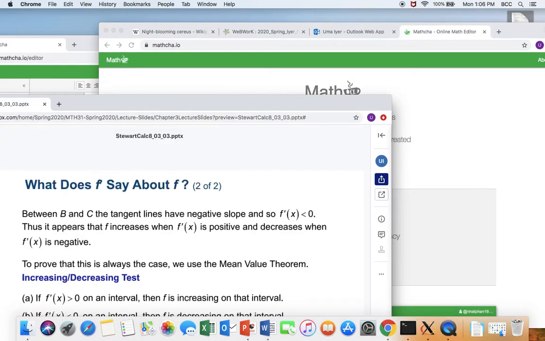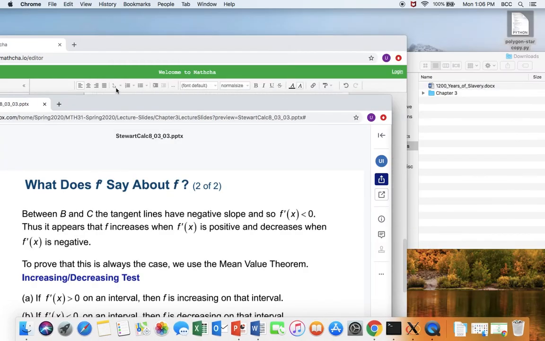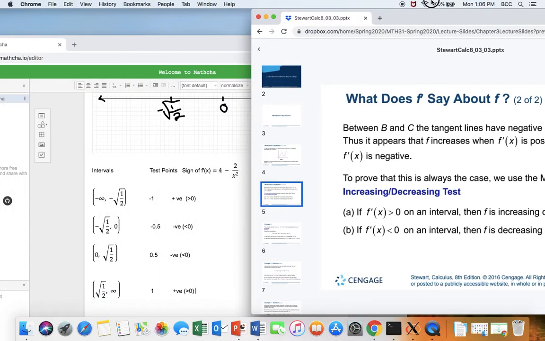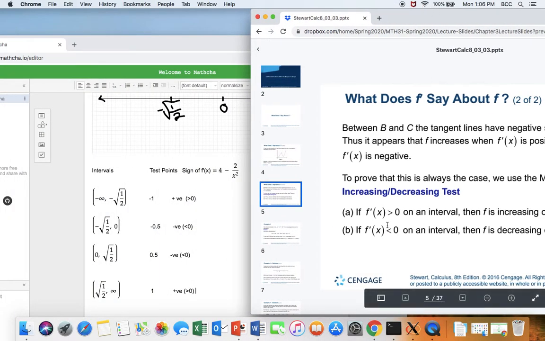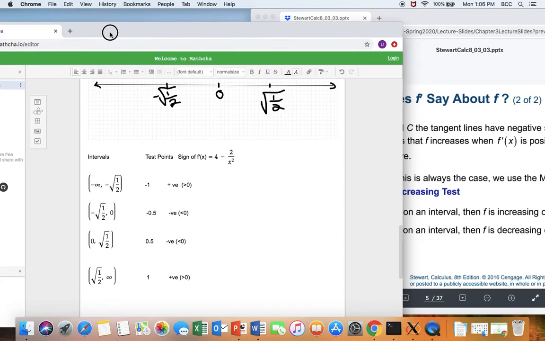Wherever f prime is positive, f is increasing.